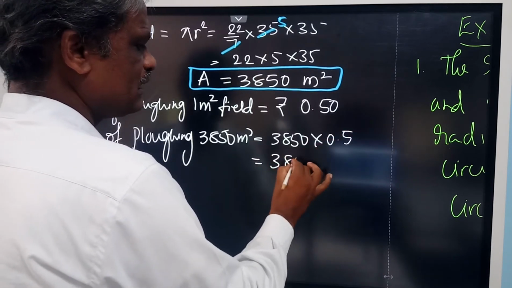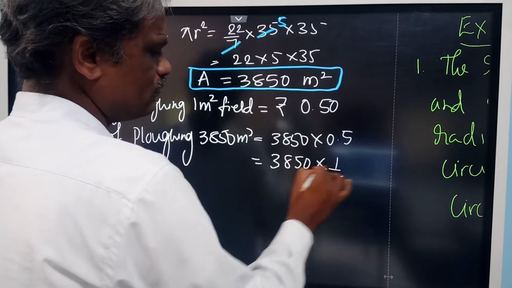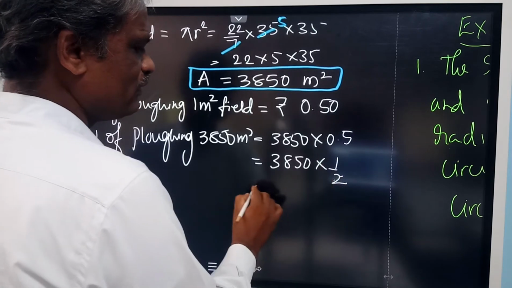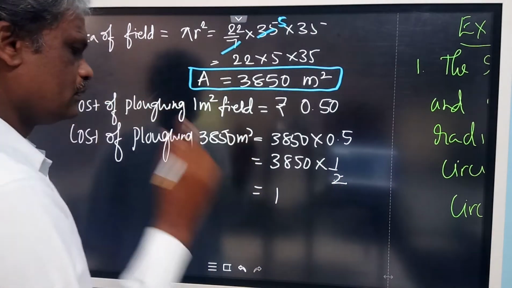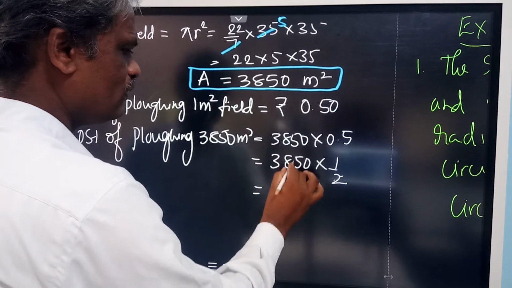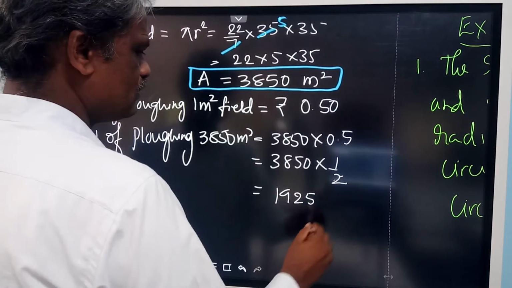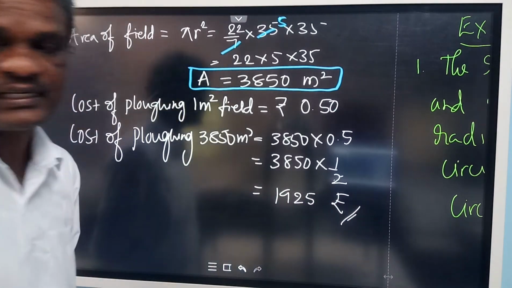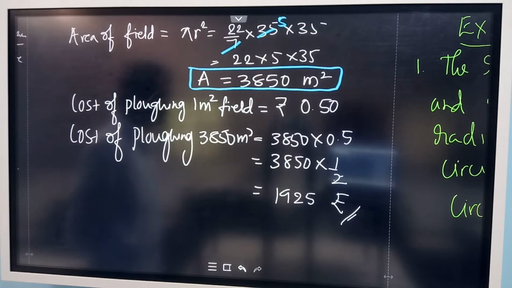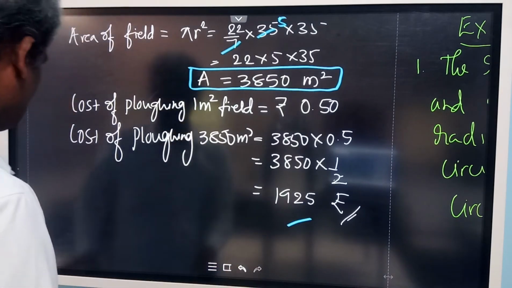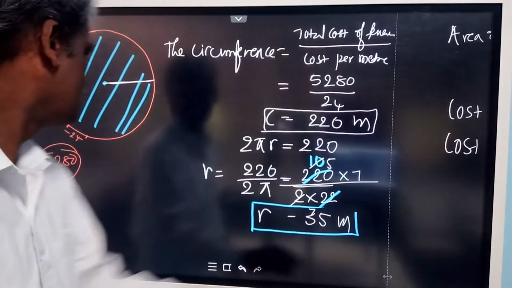It is the same as 3850 into 1 by 2. Divide this: 2 nines are 18, 2 twos are 4, 2 fives are 10. So 1925 rupees is the total cost of flooring. See, now look at this once again.